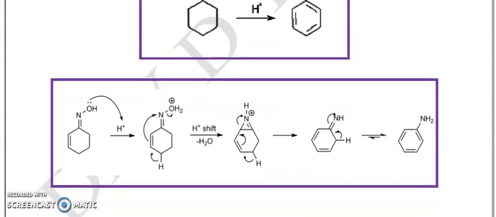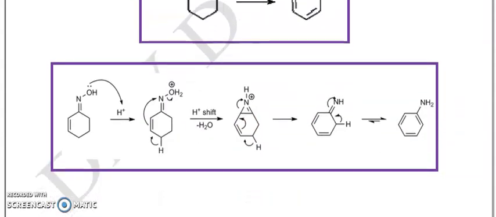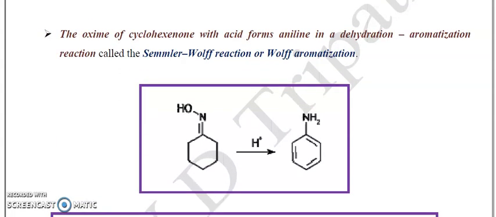This is the mechanism of this unwanted reaction. You can see if we have the oxime, it reacts with acid, and once the water is eliminated, it undergoes a proton shift which leads to the aromatization and we get the product aniline.